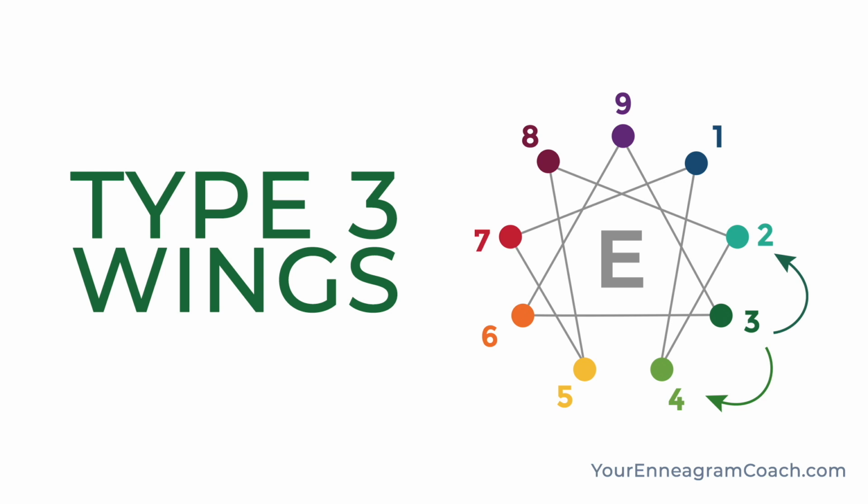So for the type 3s, their wings are type 2 and type 4. The type 2 part is highly relational, friendly, cheerful, energetic, talkative, and engaging. And when a 3's 2 part is misaligned, they're trying to protect their wounded child. And what that looks like in their behavior and their thoughts and feelings, they turn on the relational warmth to charm and to flatter so that they can connect with others to receive the affirmation, adoration, and attention that their wounded child is longing for.